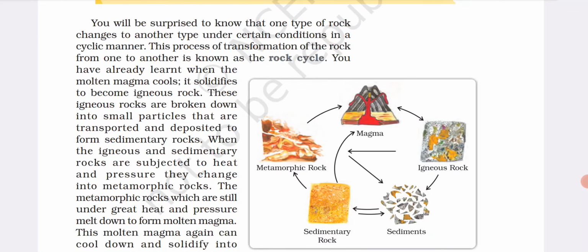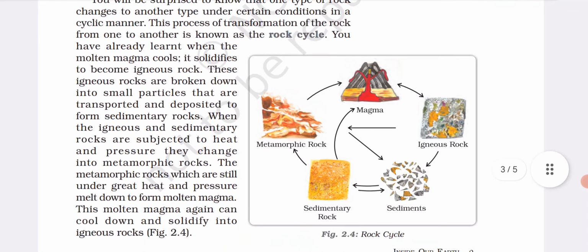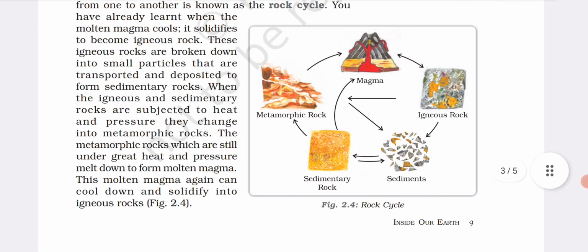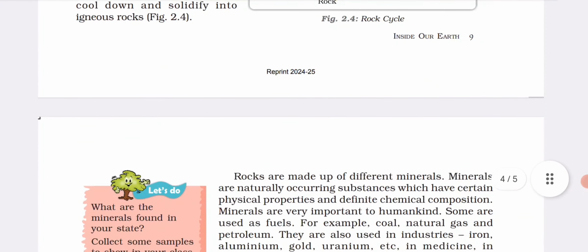These igneous rocks are broken down into smaller particles that are transported and deposited to form sedimentary rocks. When igneous and sedimentary rocks are subjected to heat and pressure, they change into metamorphic rocks. The metamorphic rocks, still under great heat and pressure, melt down to form molten magma. This molten magma again can cool down and solidify into igneous rocks.